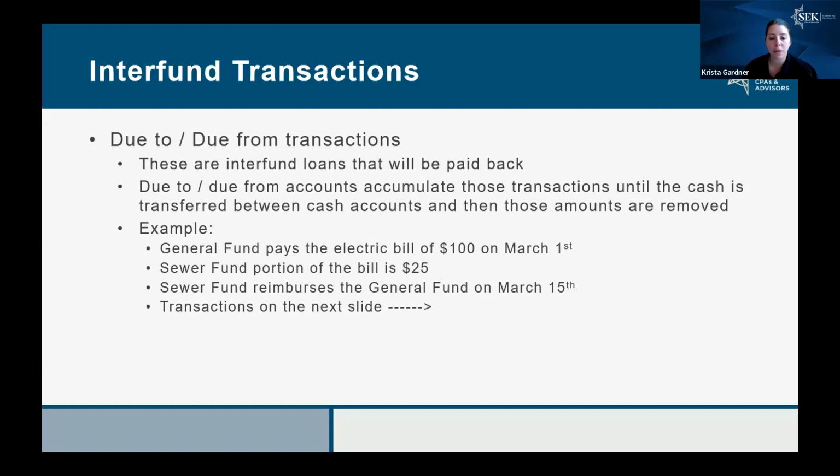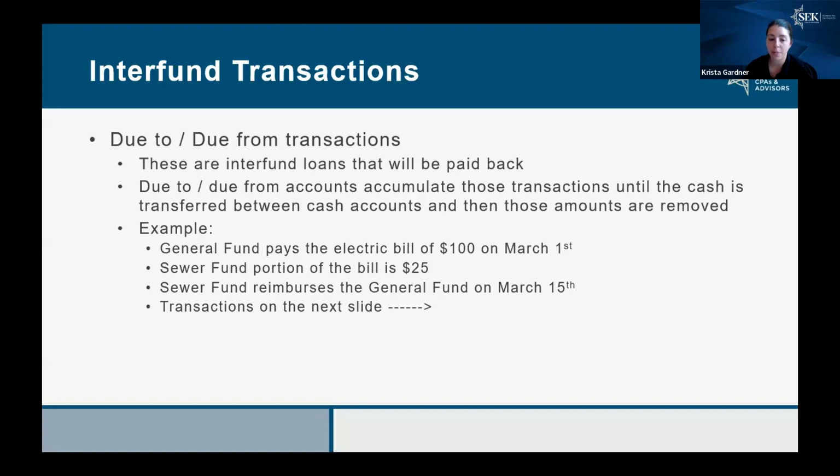So you want to make sure when there are transactions, like we're going to get to an example here, that you're always doing both sides of the transaction, hitting both funds, or it could be more than two funds that are involved. In this example, the general fund pays an electric bill of $100 on March 1st. The sewer fund has a $25 portion of that bill.